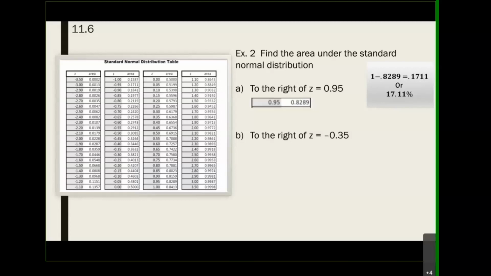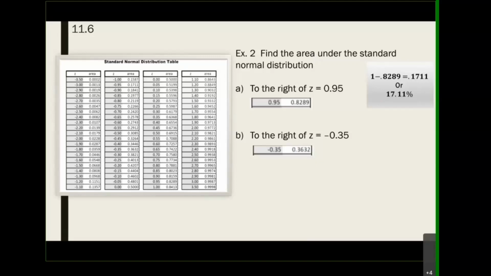Okay, so same thing: find the area to the right of the z-score of negative 0.35. Again, we just go to our table and ask ourselves, where is my negative 0.35? The area corresponding to negative 0.35 is 0.3632.